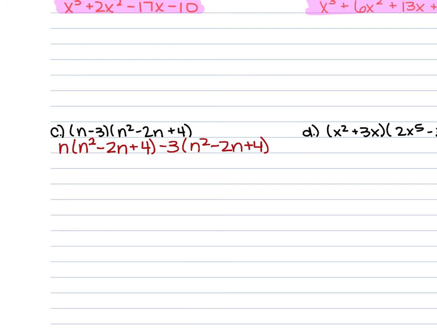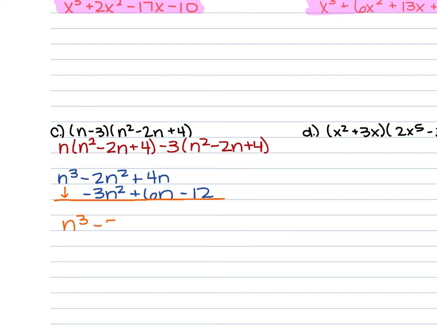So n times n squared is n cubed, n times negative 2n is negative 2n squared, and n times 4 is 4n. Negative 3 times n squared is negative 3n squared. Then we have a positive 6n and a negative 12. So add these, we get n cubed minus 5n squared plus 10n minus 12.